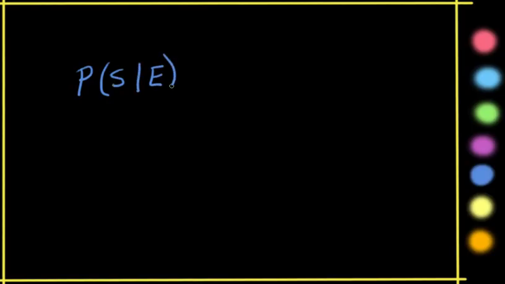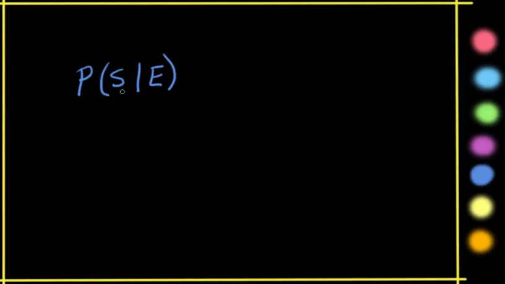So a conditional probability could be, for example, the probability that Sam gets an A given the fact that Ellie got an A. So we write it like that.